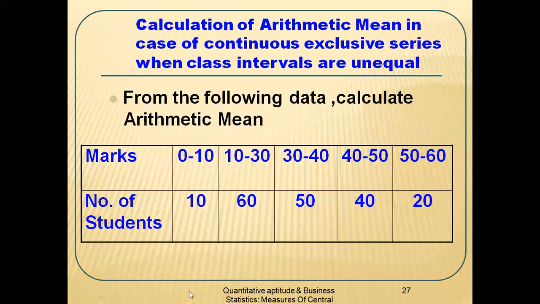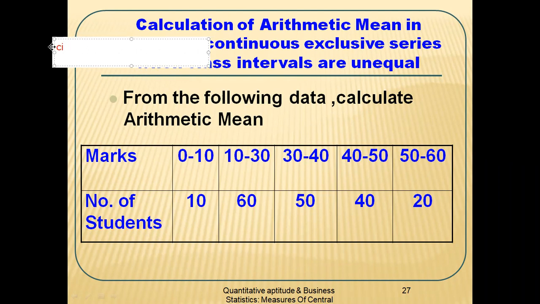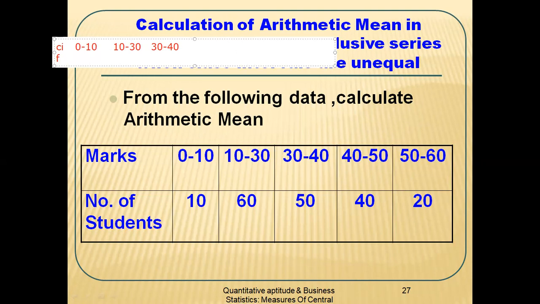We cannot directly calculate the arithmetic mean. In that circumstance, what is the solution, sir? Very simple. The solution will be like this. You have class intervals and frequencies. The class intervals are 0 to 10, then 10 to 30, then 30 to 40, 40 to 50, then the next class is 50 to 60.